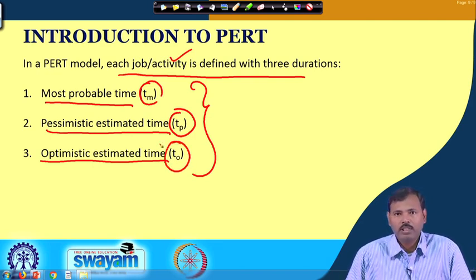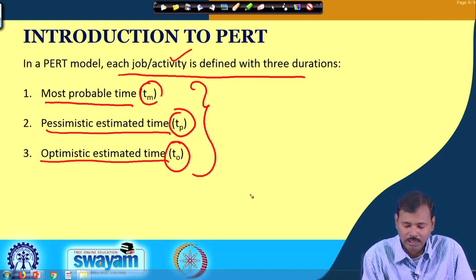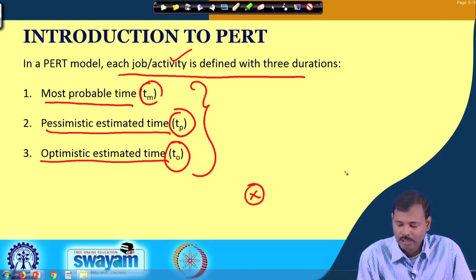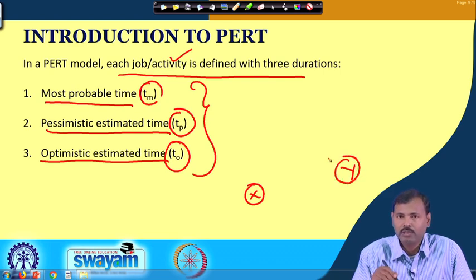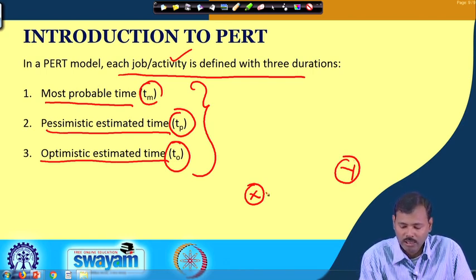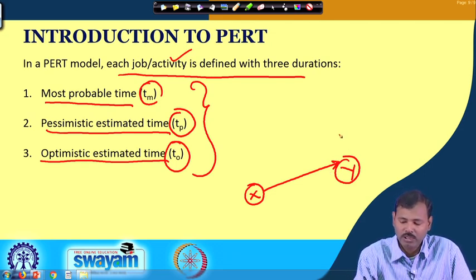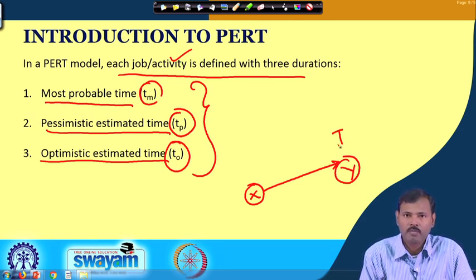So, let me explain it in a little bit different manner. Suppose a person is staying at X place and he has to reach Y place. Suppose he has to take some flight or some train from this Y place, and he is travelling from X place to Y place. Now, suppose he must reach there at time t.